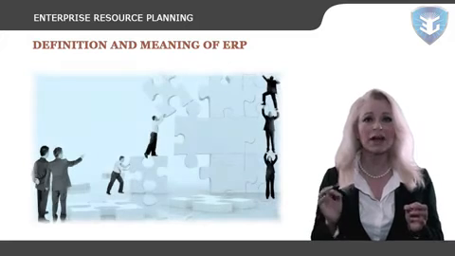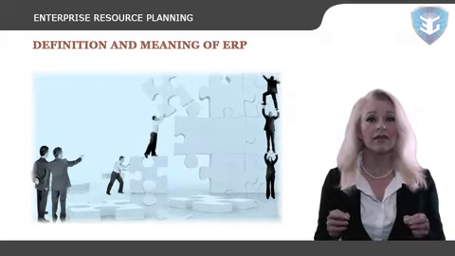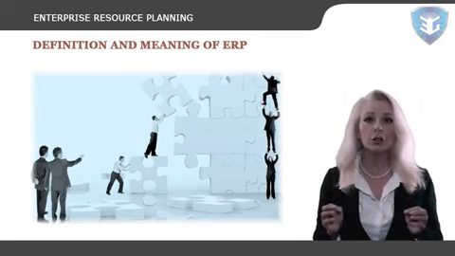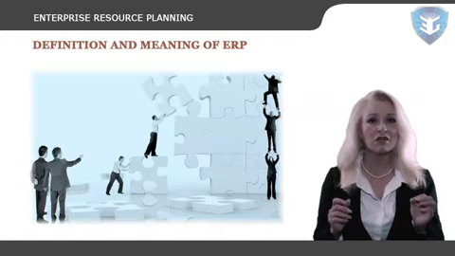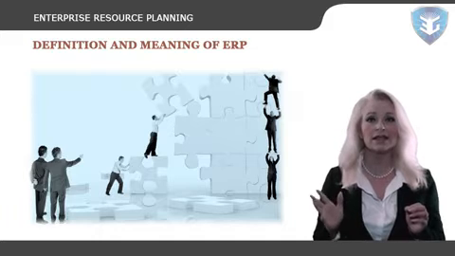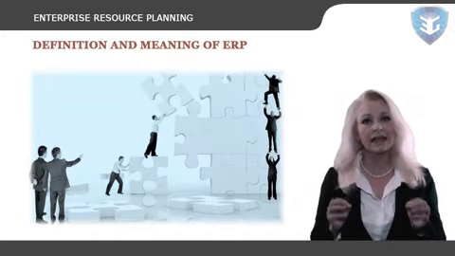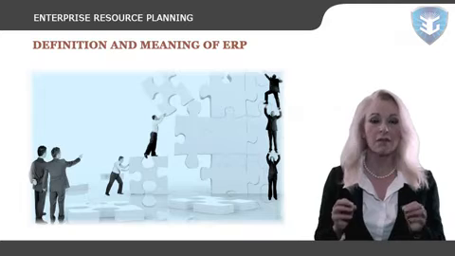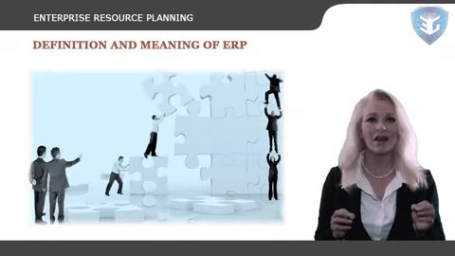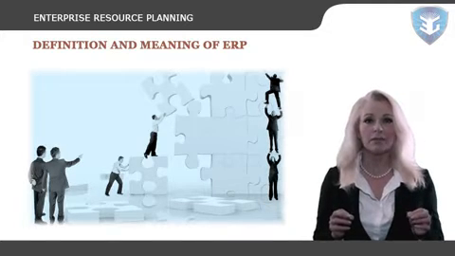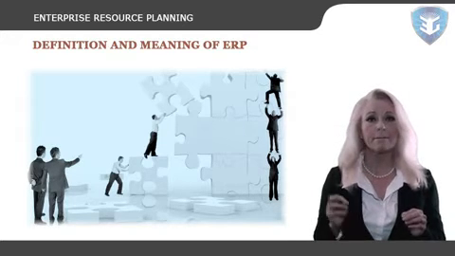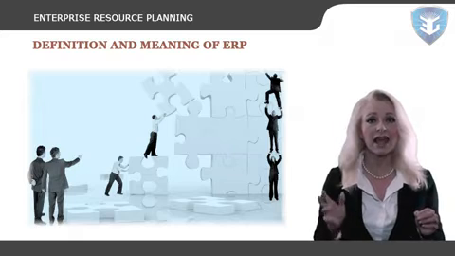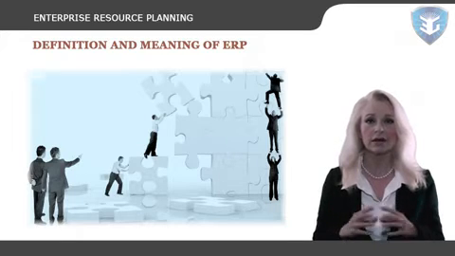ERP software integrates all facets of an operation, including product planning, development, manufacturing processes, sales, and marketing. An ERP management information system integrates areas such as planning, purchasing, inventory, sales, marketing, finance, and human resources, etc.